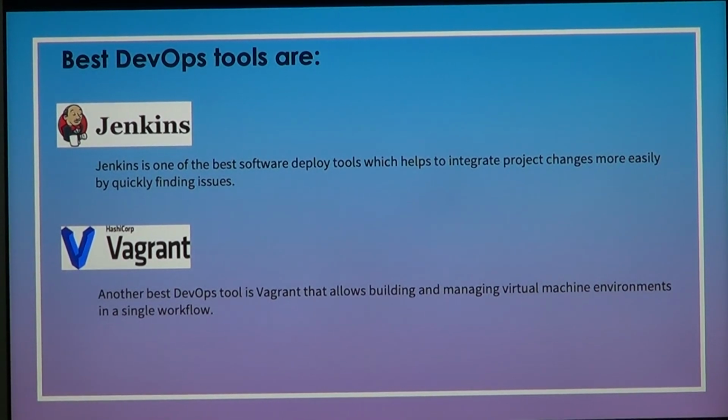The first one is Jenkins. Jenkins is an open source automation tool which enables DevOps engineers around the world to reliably build, test, and deploy their software. It also facilitates continuous integration and continuous delivery.